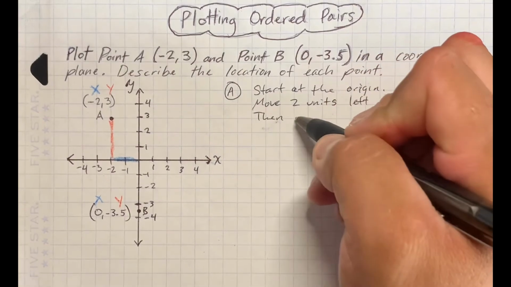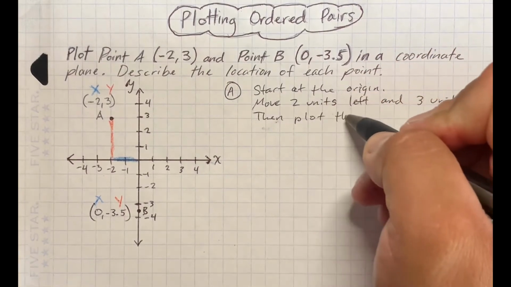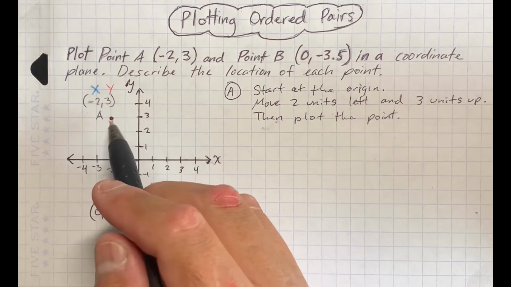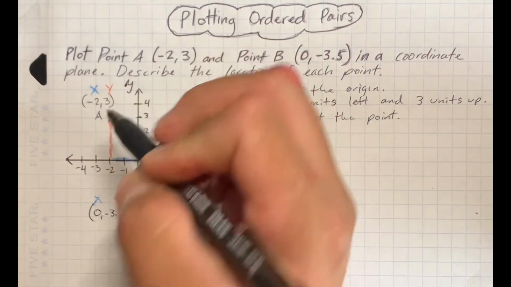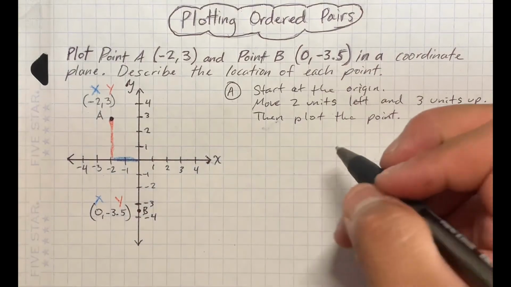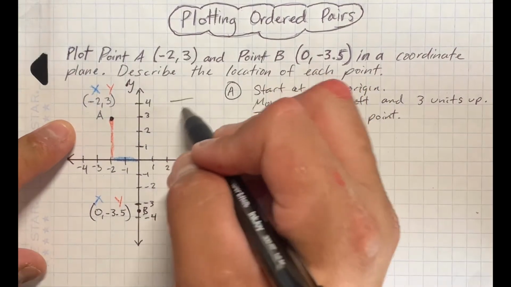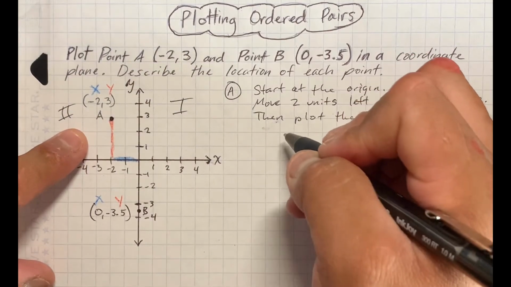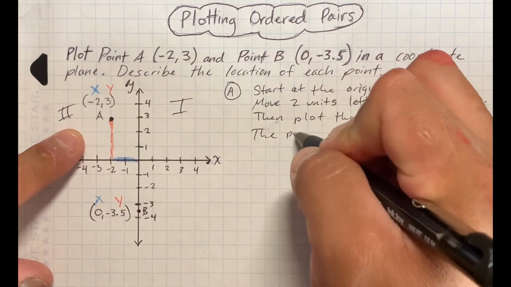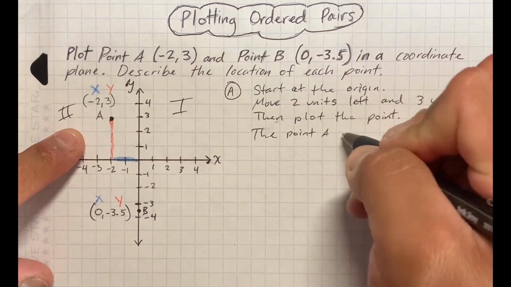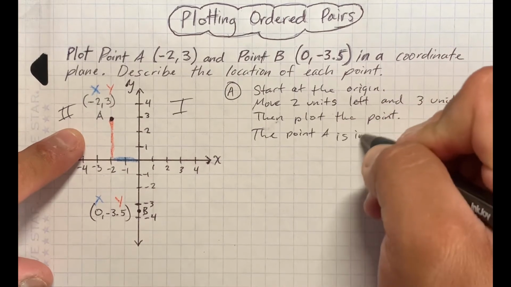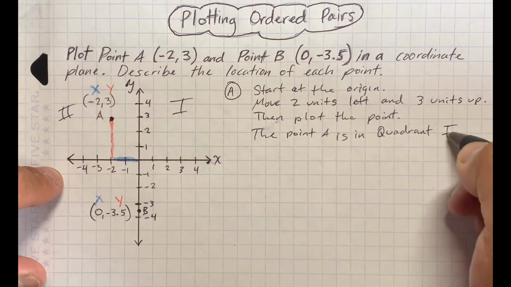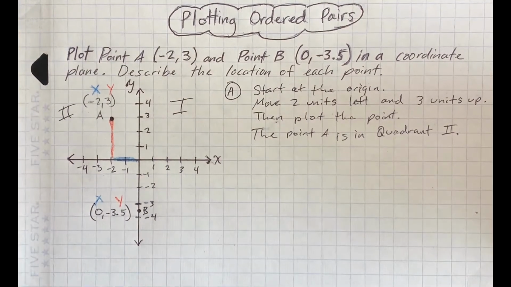Then plot the point. Remember, the point is a vertex, is 0-dimensional. Okay, so there you go. And also, this is found in quadrant, not 1, but quadrant 2. Okay, so we're going to have to say the point A is in quadrant 2. All right, there we go.